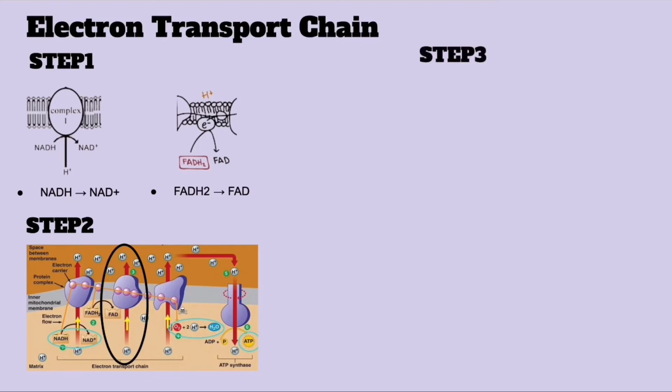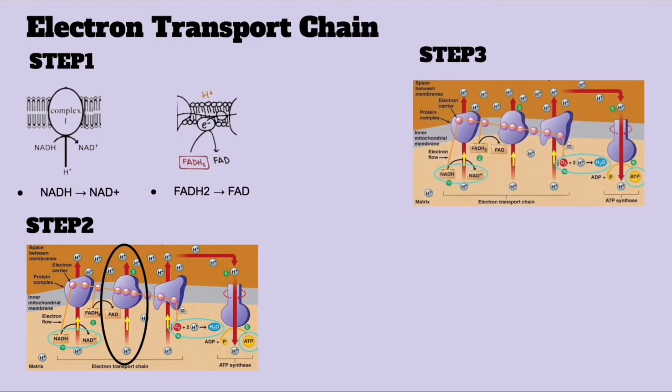The next step is the high energy electron will pass through and release energy to pump hydrogen ions until the end of the electron transport chain. It is the place where low energy electrons leave and go to the oxygen.